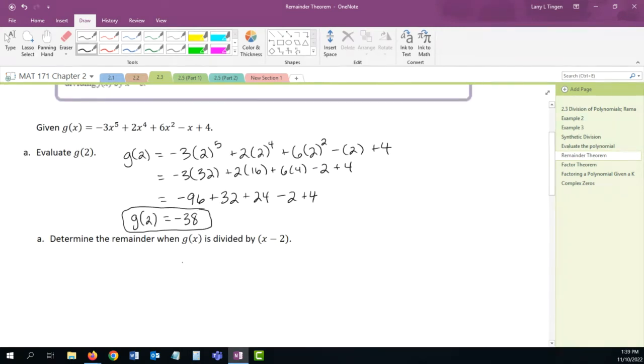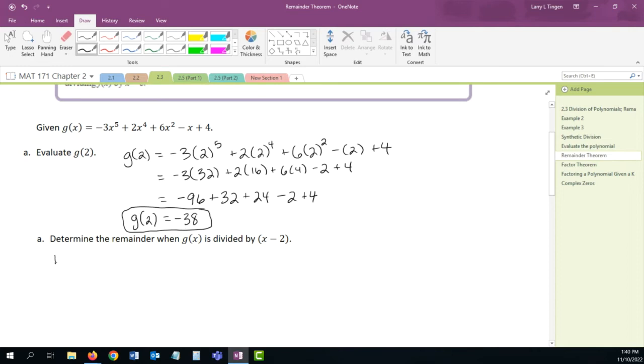Now, the remainder theorem says if g at 2 is -38, and I perform synthetic division by x minus 2, I should also get a remainder of -38.